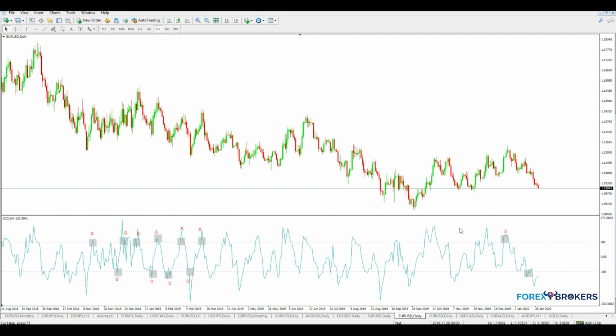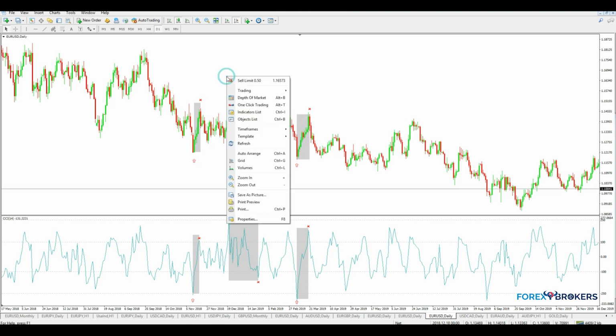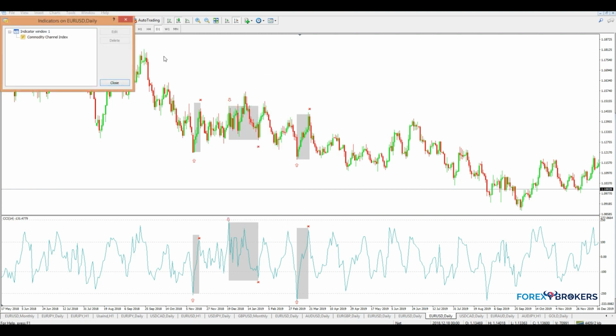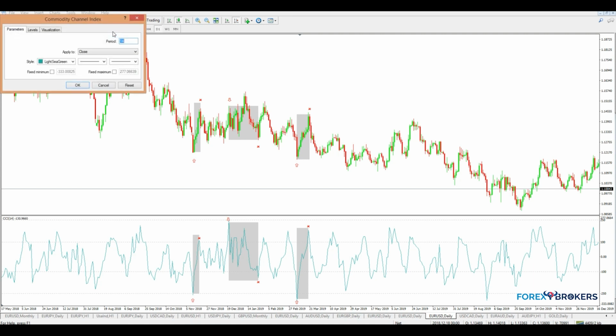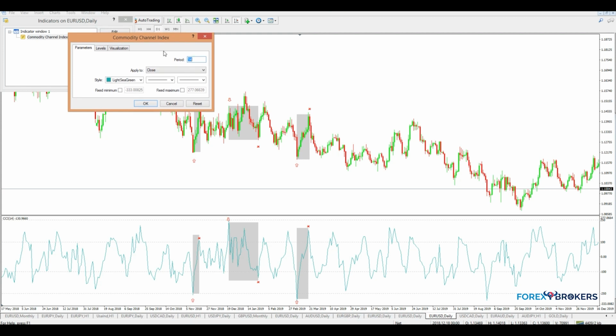The key here to solve this is, of course, to use overbought and oversold levels, but not the normal ones, extreme ones. And to do that, what we've got to do is edit the oscillator, namely right click, indicators list, commodity channel index, edit, or simply when you add the indicator on the chart, then you can edit it.